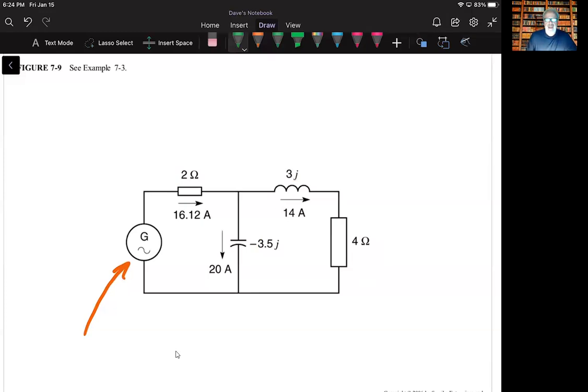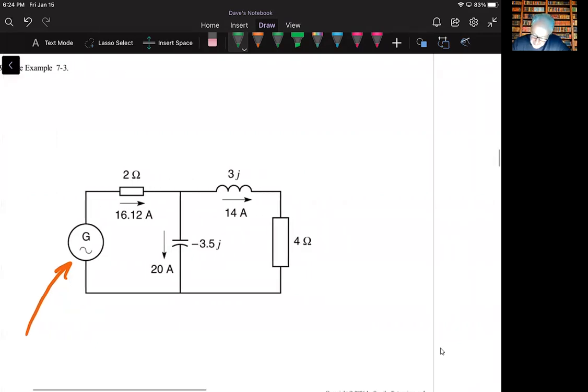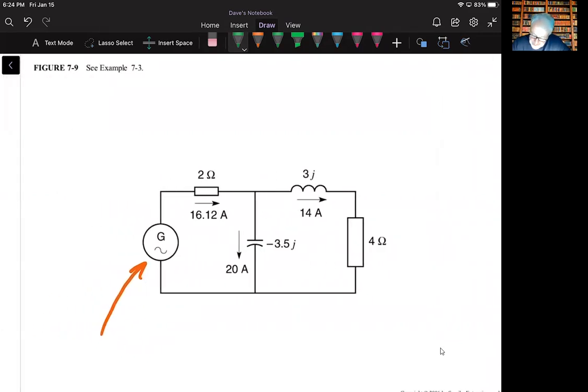Now, the neat thing about power calculations, and it makes these things so much easier, is that all we have to do here is look at our two resistors. Since this resistor has the current and resistance already there, we can calculate the power in this first resistor, the 2 ohm.